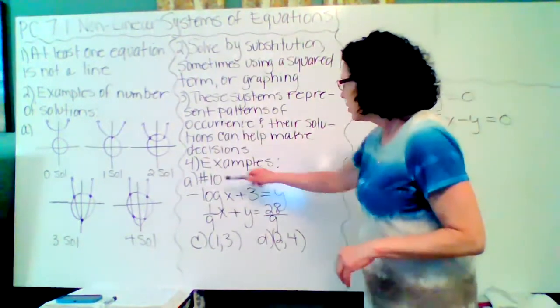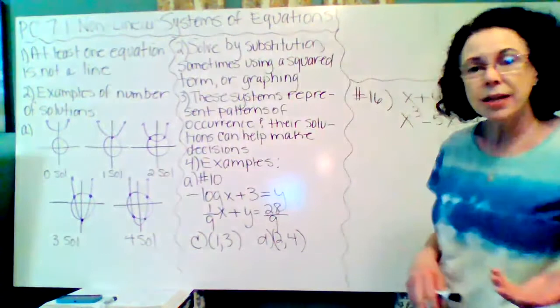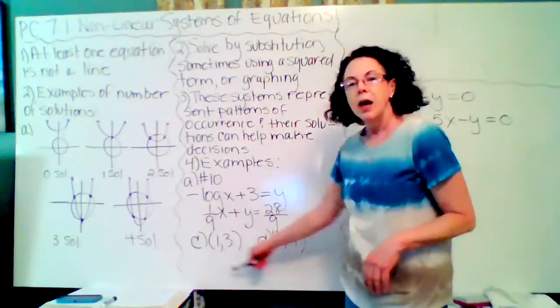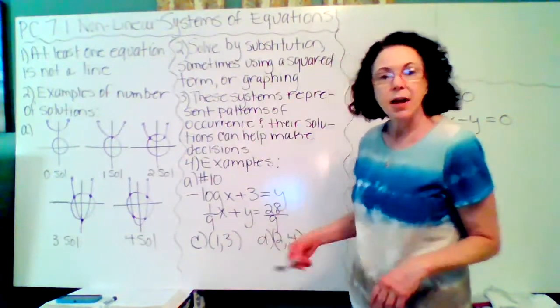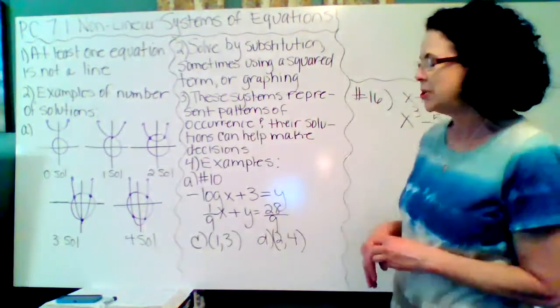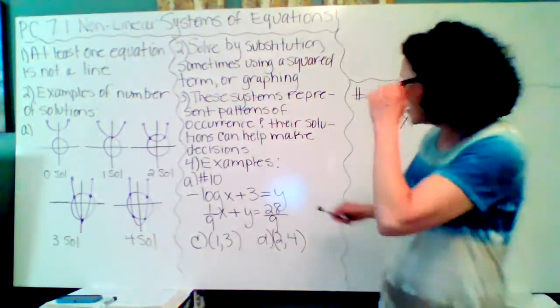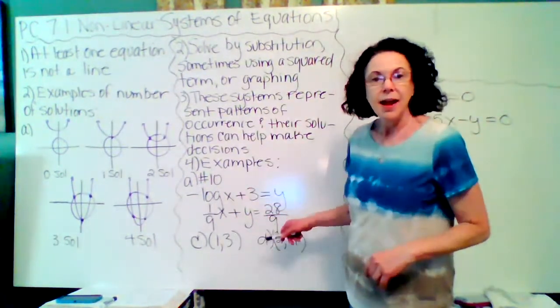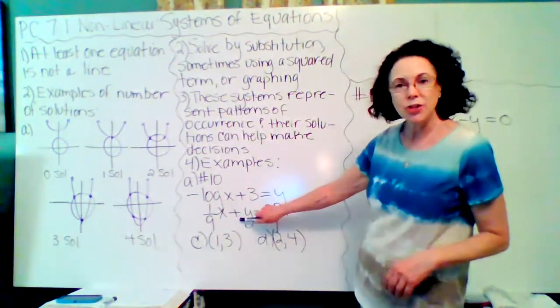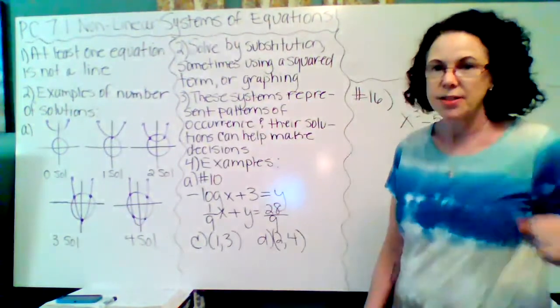Here's example A. I picked number 10 from your book. Now there are 4 possibilities for 10, A, B, C, and D, but I felt that we could just get a good feel for it by doing 2 of them. So hey, this looks like pre-calculus, doesn't it? Instead of a linear system, the second equation is a line, but we have fractions, right?